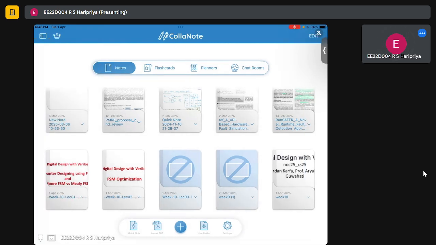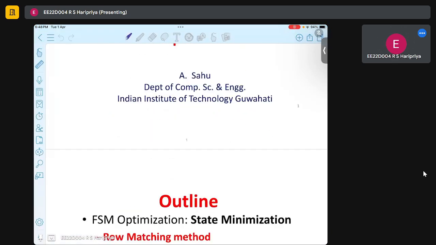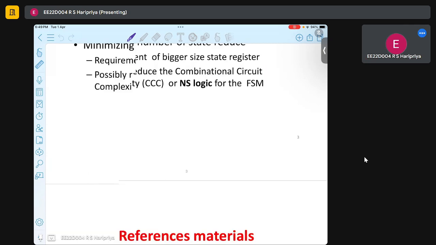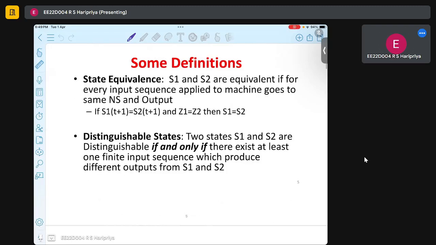Okay, so the next topic will be optimizations.